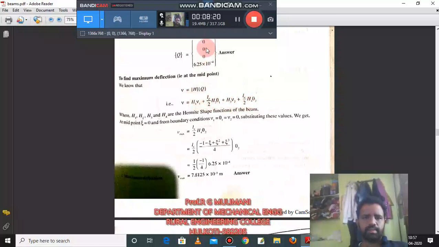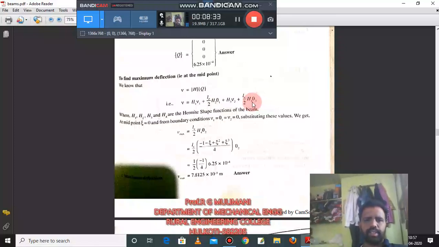As in our problem, Q1 V1, theta 1, V2 are 0. This term will be 0. This is 0. V2 is also 0. So this term is 0. Substituting theta 2 value and finding H4, and LE is 1 meter. Okay, the deflection is 7.815 into 10 raised to minus 5 meters.